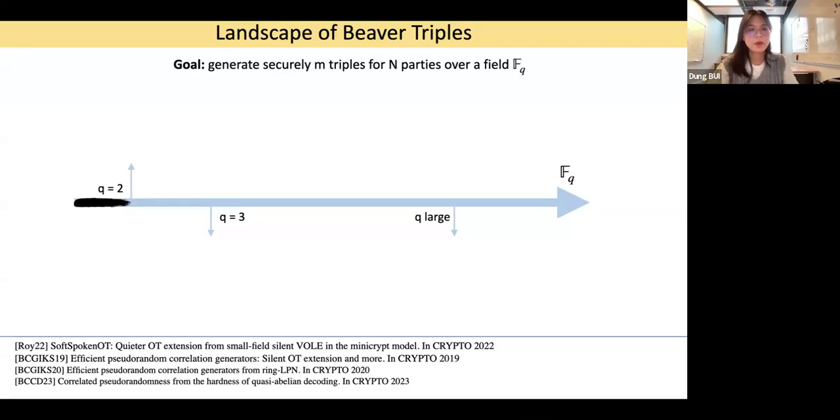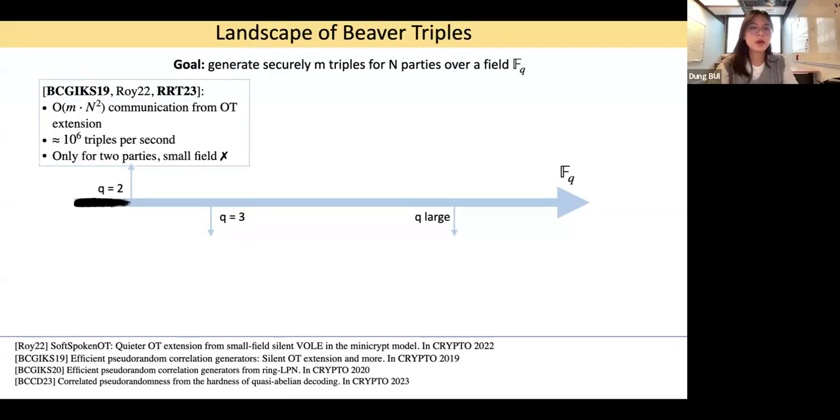For the field F_2, we know how to get Beaver triples over F_2, but the way you get them is from OT extensions, with quadratic communication cost, and after you get the OT extension for each party, you communicate, and then you get the Beaver triples in the end.